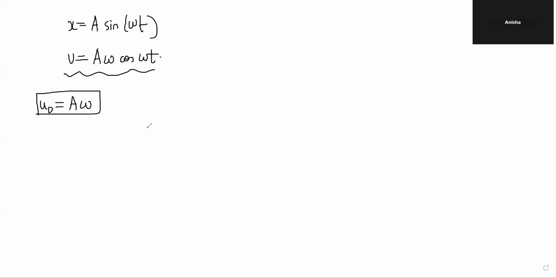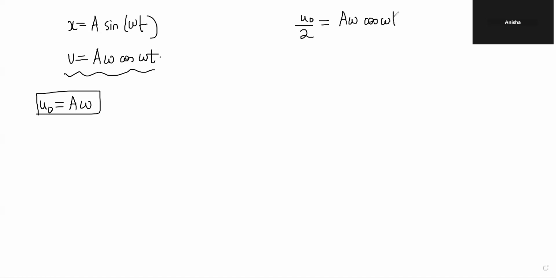Now it will collide when its speed becomes u naught by 2, right? So u naught by 2 is equal to A omega cos omega t.